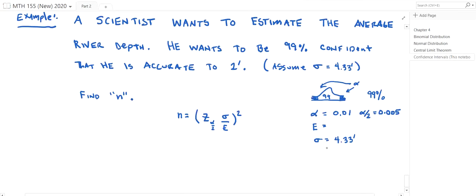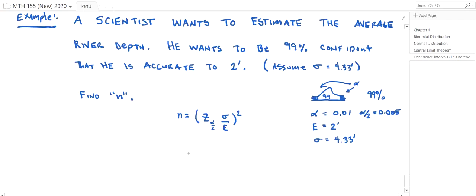But at this point, we need to know what the population standard deviation is, so it just has to be given. So what is E? Well, E is our error. He wants to be accurate to plus or minus 2 feet. So our error is 2 feet.